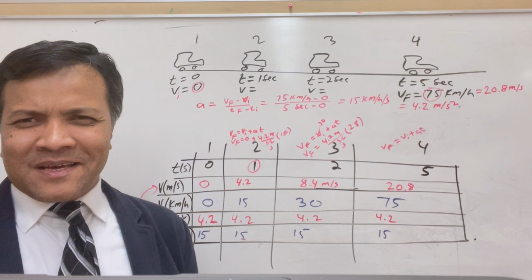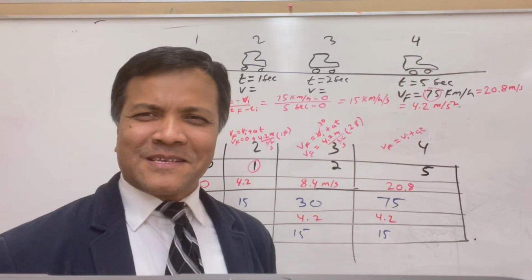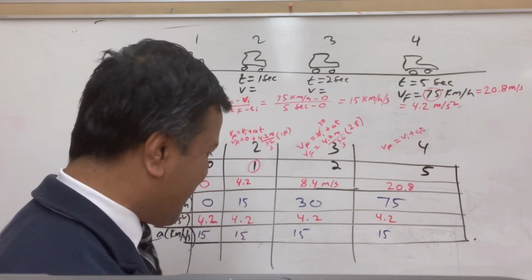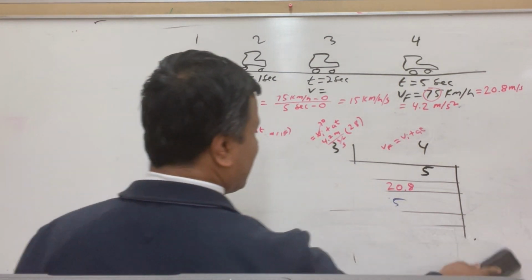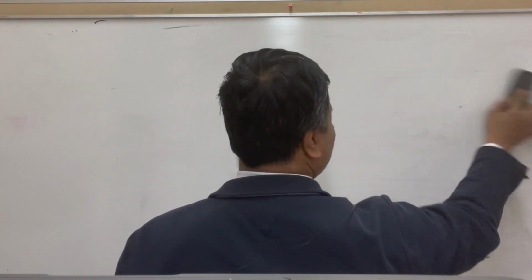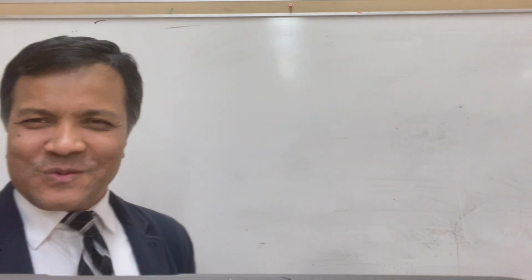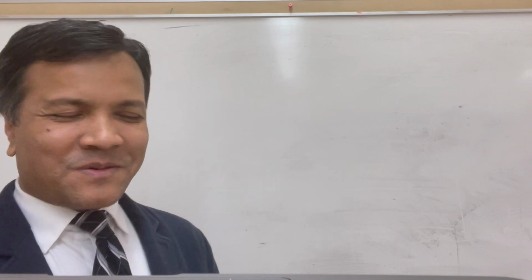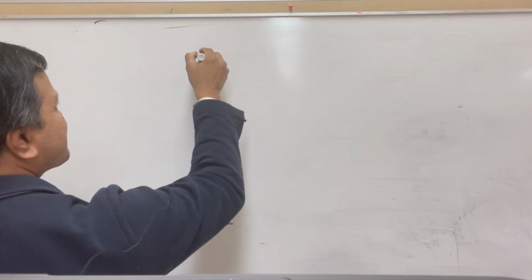Now let's understand the other misconception, and that is, can the acceleration be 0 when velocity is positive? Of course. So that takes us to problem number 3. Problem number 3, I'm going to give you 4 scenarios. You have to be correct in terms of grammar, but nobody cares about grammar in physics.